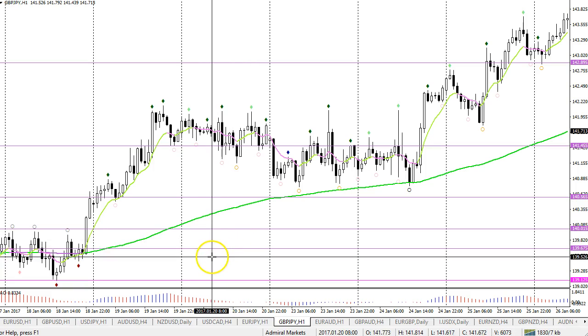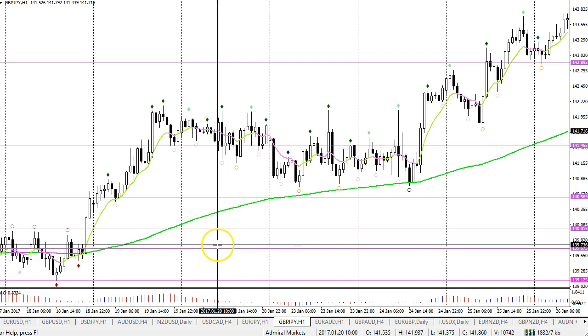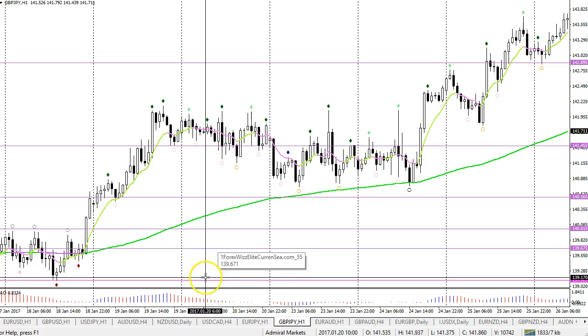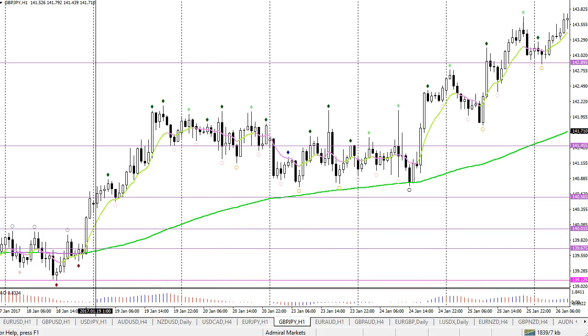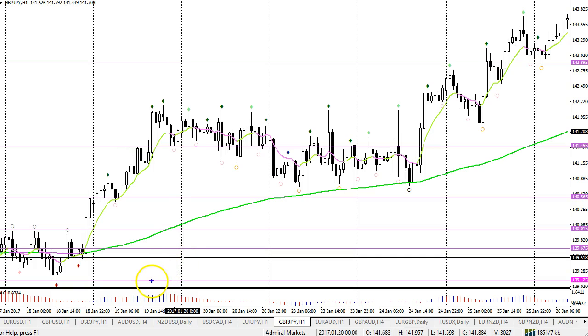When I refer to the first line, it is the first line from the pink line, and the second line is the second line from the pink line. So let me write that for you down here. This is 0, the base, this is 1, 2, 3, 4, 5. So this is just an easy code so we know which level, which line we're talking about.